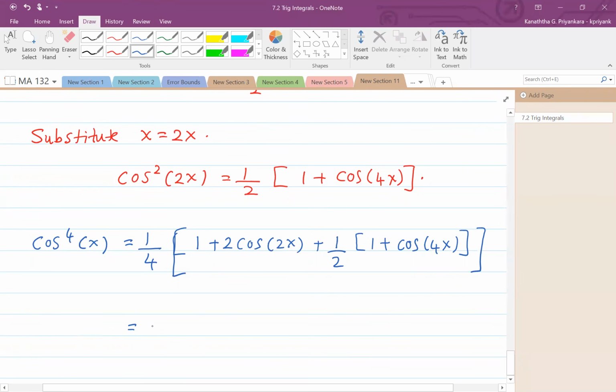So we can write cosine to the power 4 x as 1/4 plus, if we multiply this, we get 2/4 cosine 2x, plus, if we multiply these, we get 1/8 times 1 plus cosine 4x.